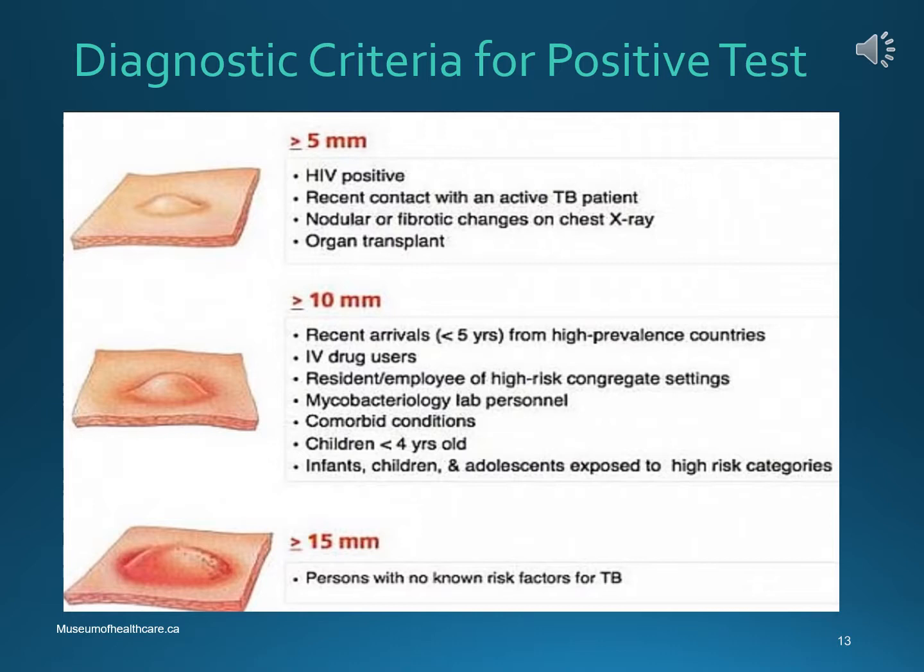If you have somebody who is a recent arrival from a high prevalent country, an IV drug abuser, a resident or an employee of high risk congregate settings, like for instance, a resident of a long-term care facility, somebody who is lab personnel who works with mycobacterium, somebody who's got comorbid conditions, other chronic illnesses, children less than 4 years old, and infants, children, and adolescents who live with and are exposed to people in high risk categories.